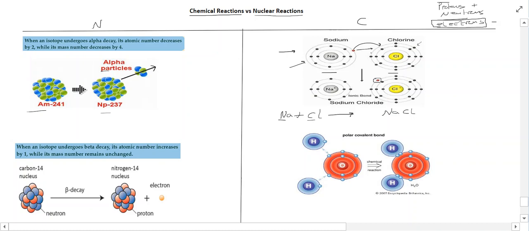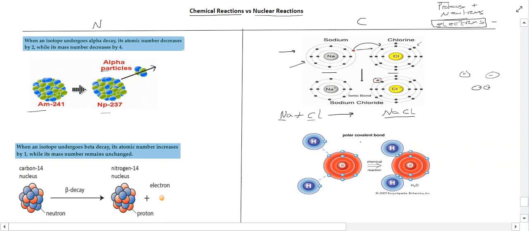Chlorine takes up that electron, and as a result there's more negative charge in chlorine than positive charge, so it becomes negatively charged. Then you have a positively charged particle and a negatively charged particle, and they attract and come together and form what's known as an ionic bond.